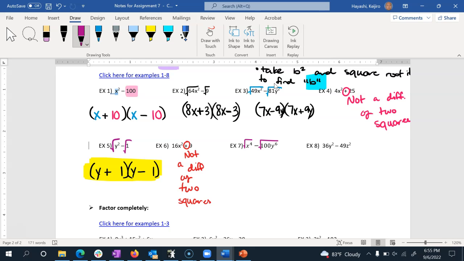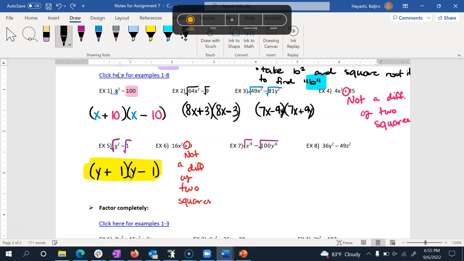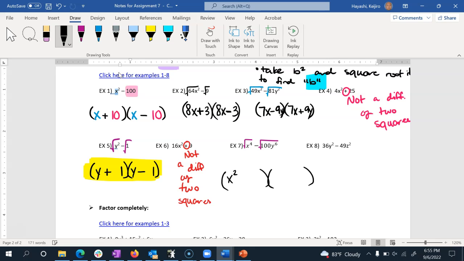Right, but that's multiplying four things together. What can you multiply two of the same thing together? X squared, as in x squared times x squared equals x to the fourth. So the square root of x to the fourth is x squared. That's what your factor should start with. X squared and x squared.